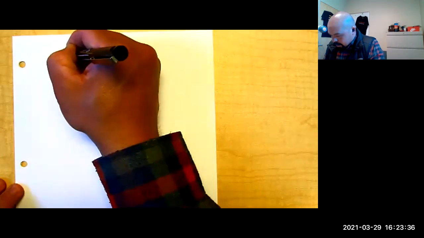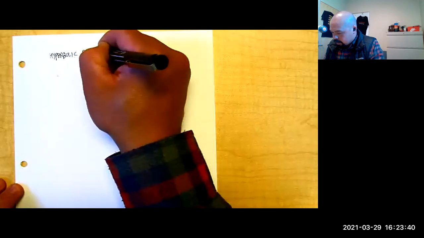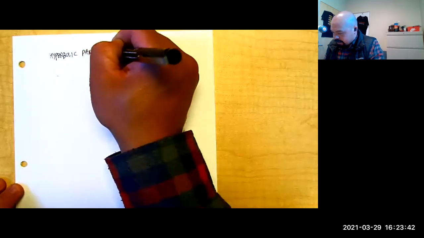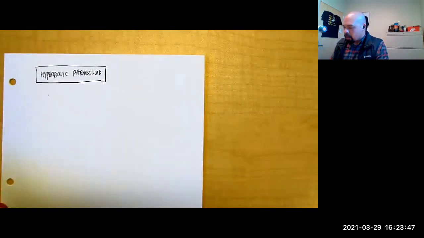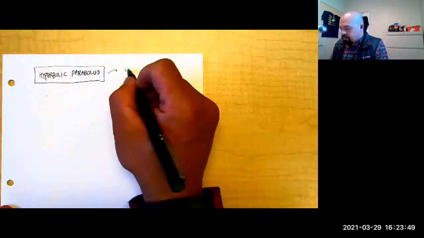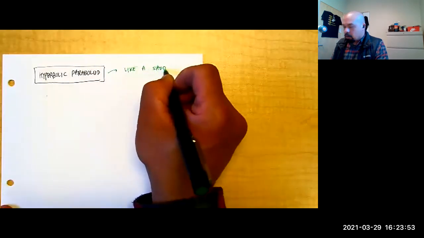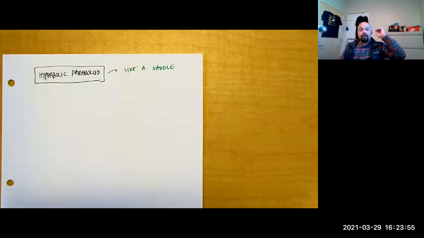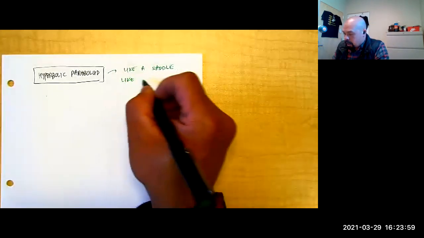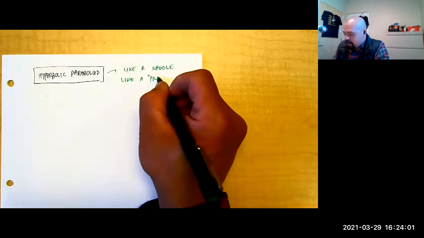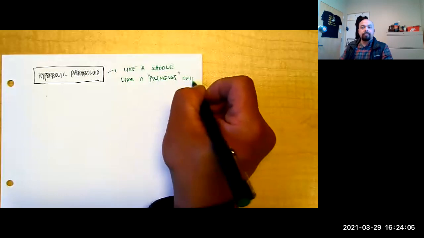Hyperbolic paraboloid. Right, so now we're going to see some hyperbolas. And this one is like, right, a saddle, we'll call it, for riding horses, or it's like a Pringles chip, right?